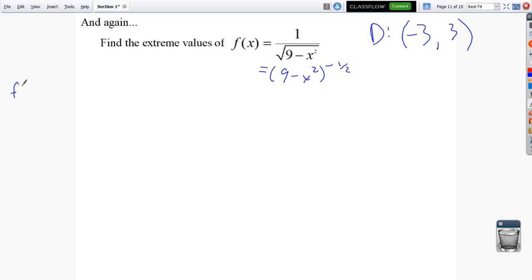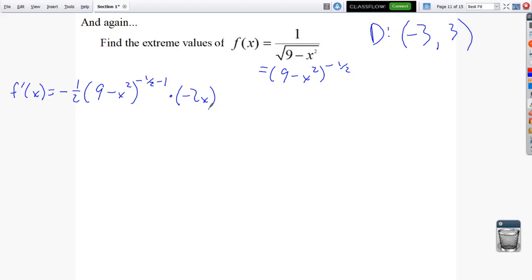So now f prime of x is equal to, outermost function is that -1/2 power, so this would be -1/2 quantity 9 minus x squared to the -1/2 minus 1 times the derivative of the inside. And the derivative of the inside, I got 9 minus x squared, so 9 goes away. I have -2x here.